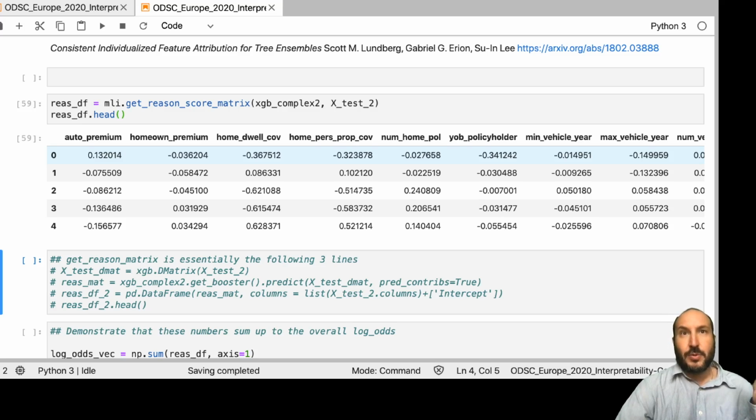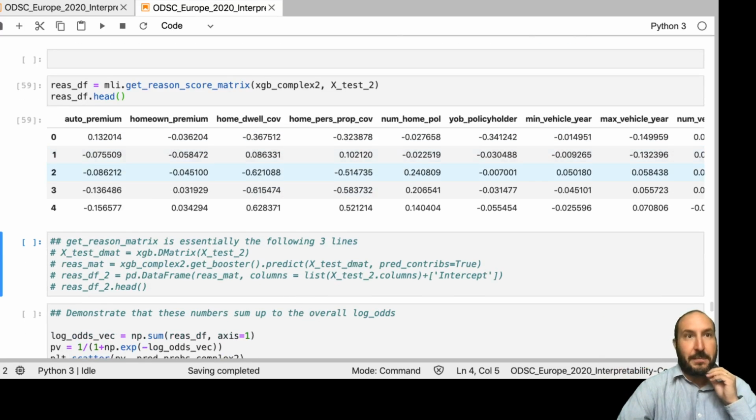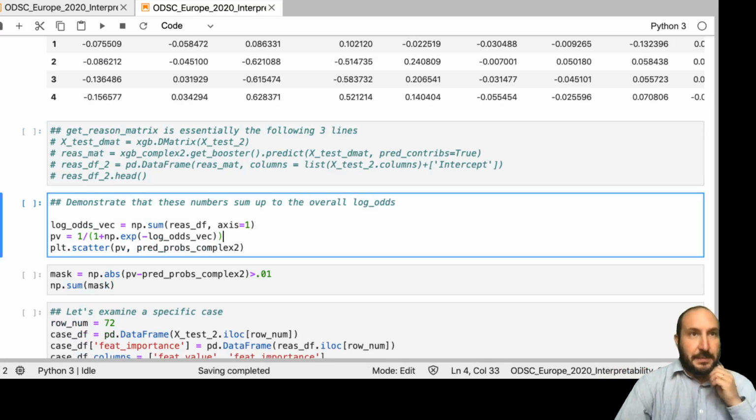When I learned their home dwelling and personal property coverage, each of those made it much less likely that I was going to buy it. So the negative numbers mean that when I learned this value on this data point, it made the model think I was less likely to buy an insurance policy. If it's a positive number, it means it's more likely to buy it.